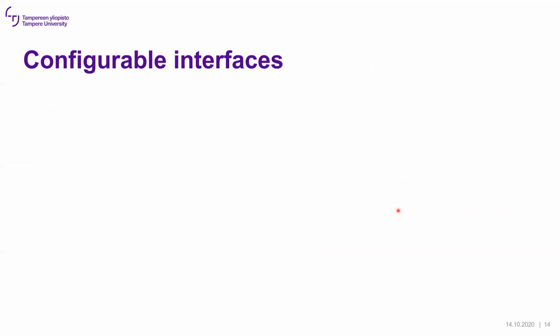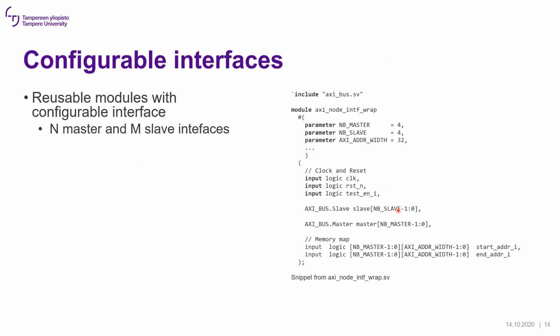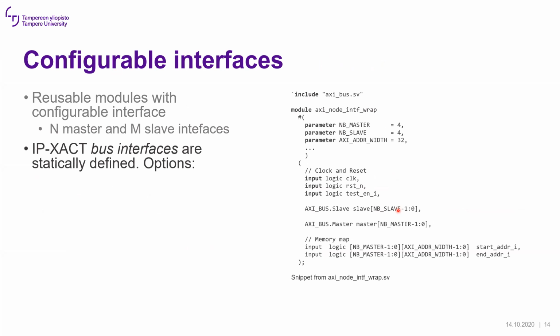And finally, we have configurable interfaces. For example, if we want to use modules where we can set the interface number according to a parameter. An example is given here. Again, in IP-XACT, the interfaces are static, so we have two options.